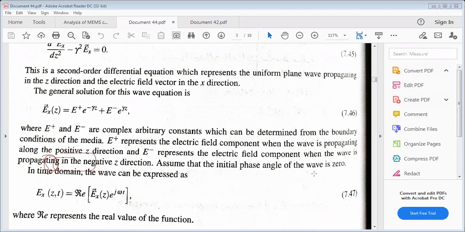Assume that the initial phase angle of the wave is 0. In the time domain, the wave can be expressed as Ex of z, t equal to the real part of Ex of z into e power j omega t, where Re represents the real value of the function.